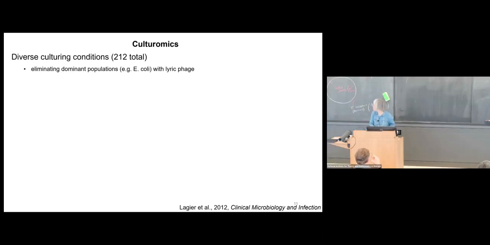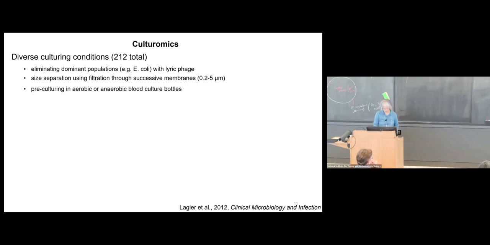So first they eliminate dominant populations with lytic phage. Then size separation, pre-culturing in aerobic and anaerobic, or anaerobic blood culture conditions, and culture in sterile lumen fluid and sterile human stools with or without this. So they tried all these conditions, right?